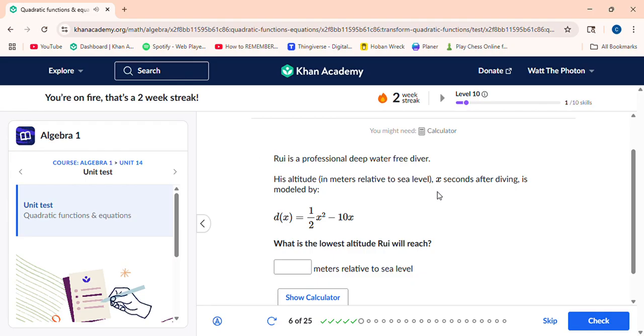Rui is a professional deep water freediver. His altitude relative to sea level x seconds after diving is modeled by this. What's the lowest altitude he will reach? So, I'll find the critical points. What is that? x minus 10. x equals 10.